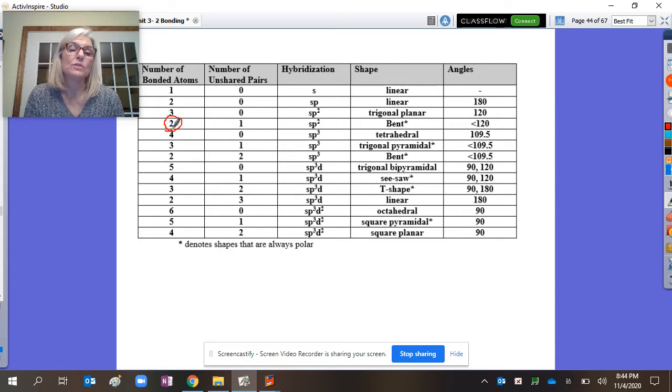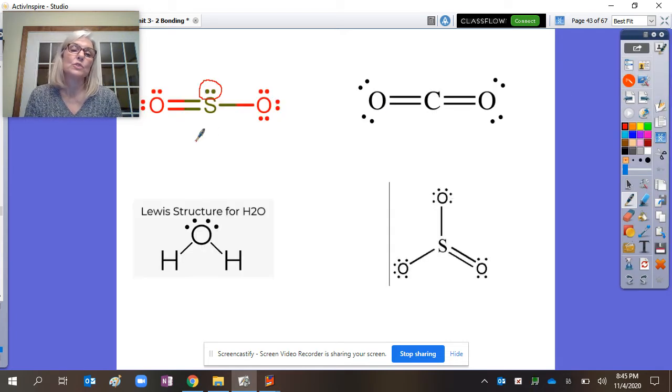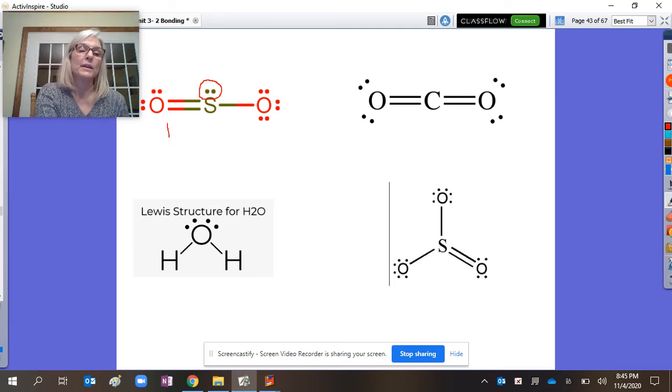So here it is, 2 bonded atoms or 1 unshared pair. So this is a bent shape, and then this is your angle. So that's what you would put. You would write bent on your worksheet, and then you would put the bond angle.